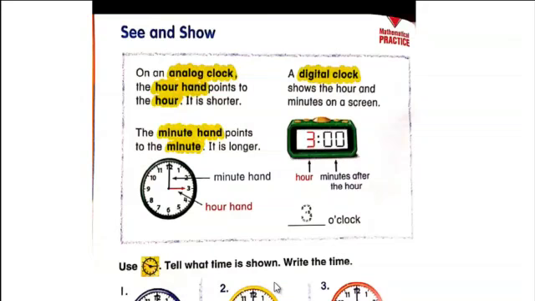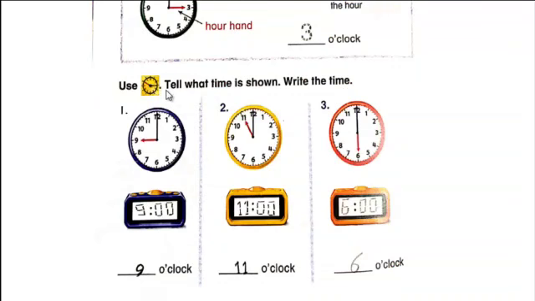Okay, my dear students, let's start with the first question. Use an analog clock to tell what time is shown, and write the time. Example number 1. The short hand is pointing to 9 and the long hand is pointing to 12.